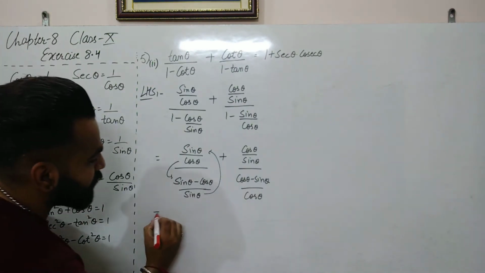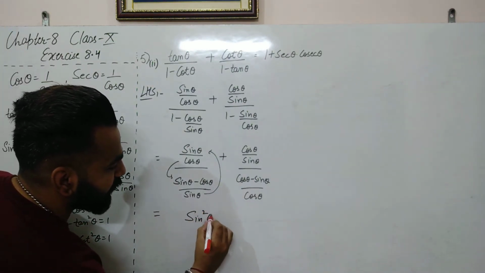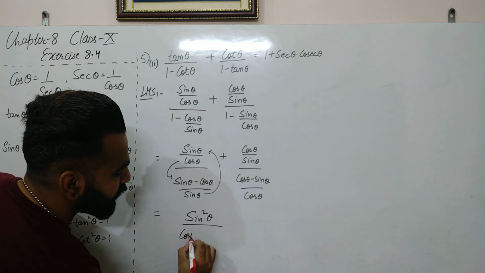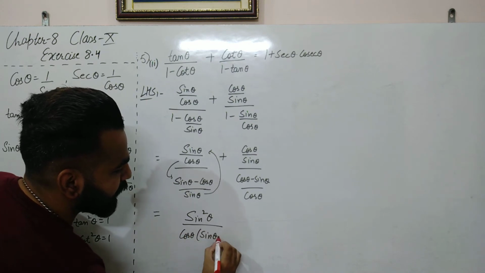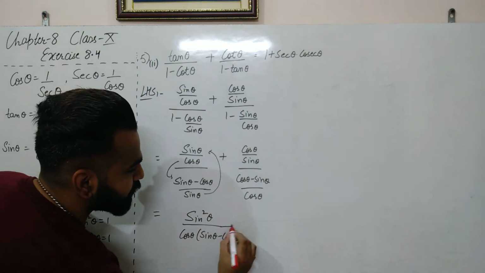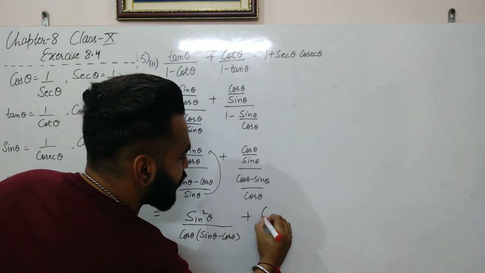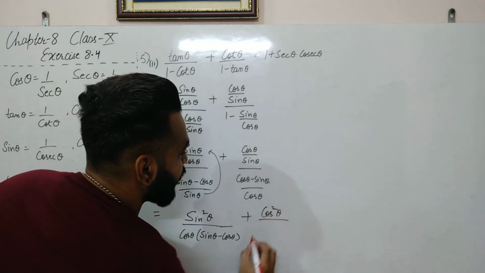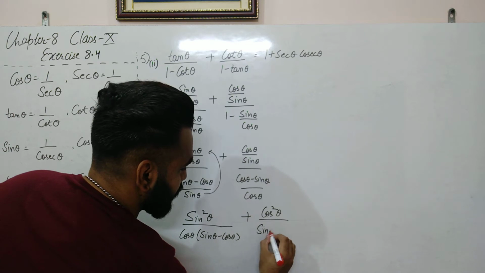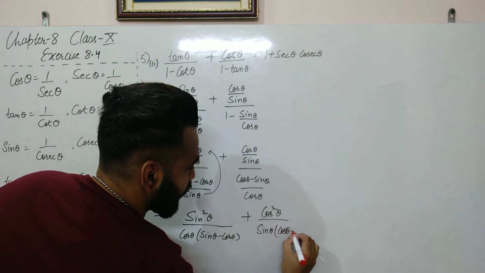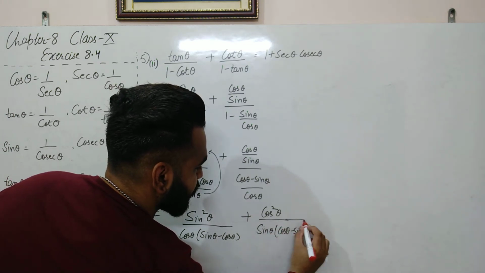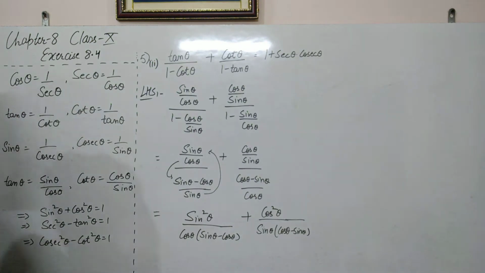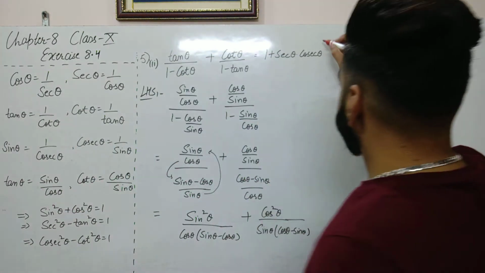So this will become sin square theta divided by cos theta (sin theta minus cos theta), plus cos square theta divided by sin theta (cos theta minus sin theta). Now we can take LCM here.